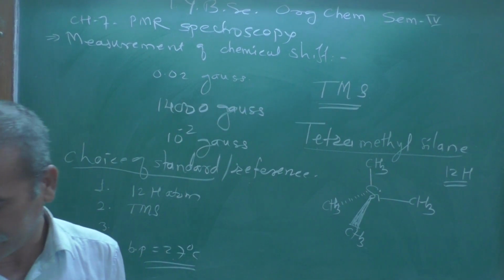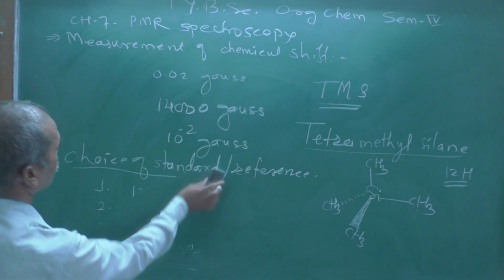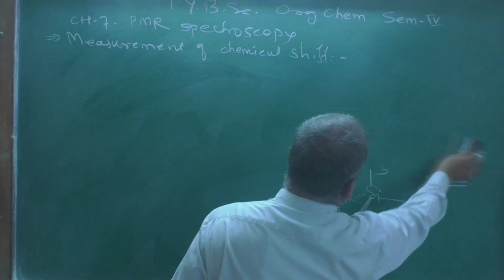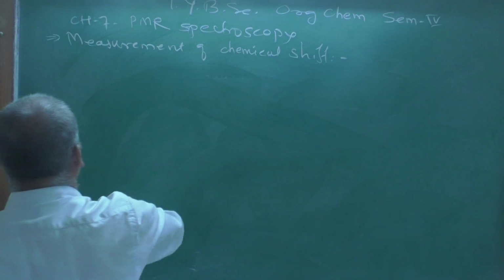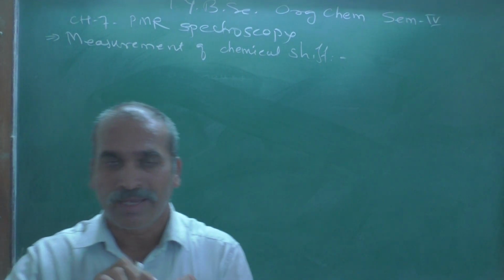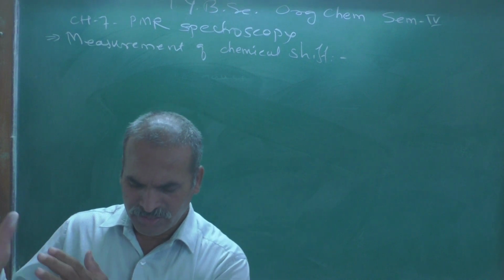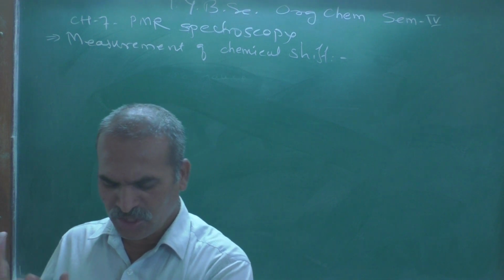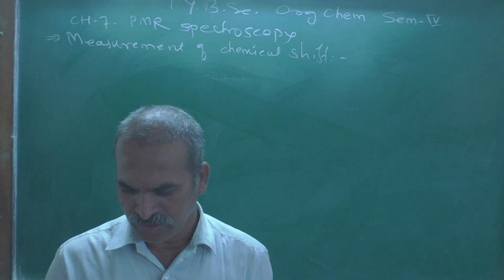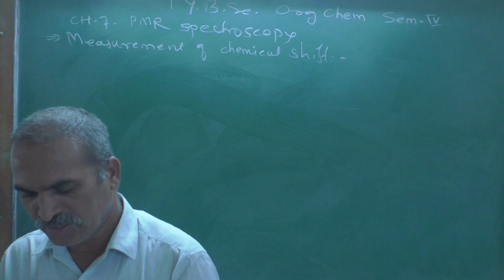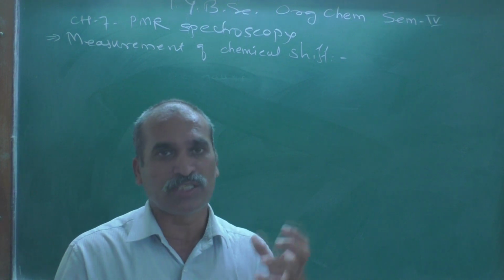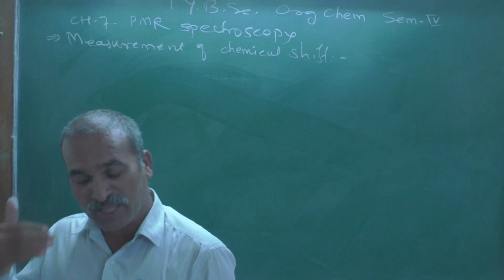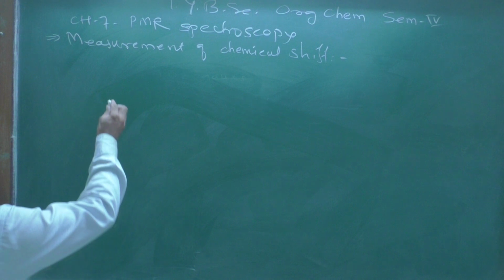How do you define chemical shift? The definition of chemical shift is like this: the separation between the peak position of the sample proton with respect to the TMS proton is known as chemical shift, and it is calculated mathematically.